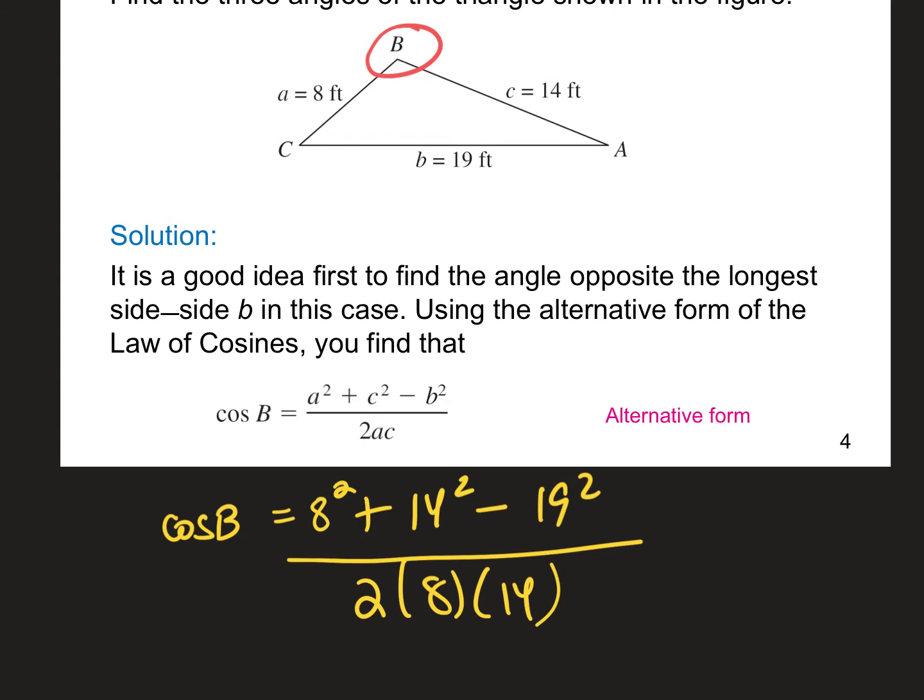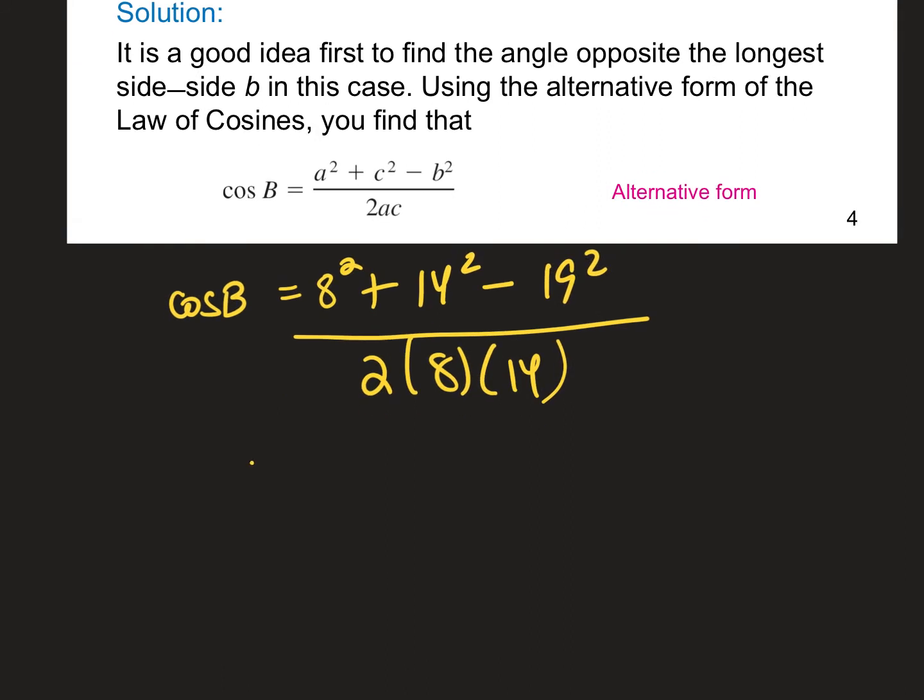Simplify the top. What is 8 squared plus 14 squared minus 19 squared? What does that give me? Agreed? All right, so I get -101 divided by, what's 2 times 8 times 14? All right, so -101 divided by 224.